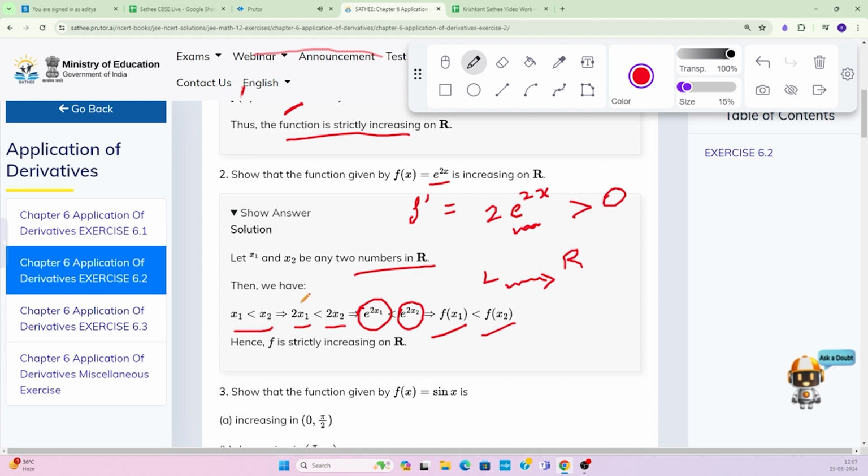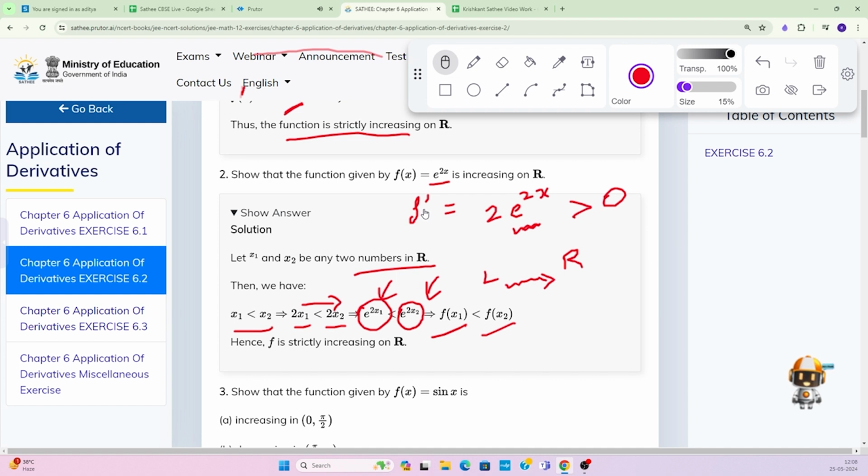That's why e power 2x1 will be less than e power 2x2, which is nothing but f of x1 and f of x2. So that's why it is increasing.